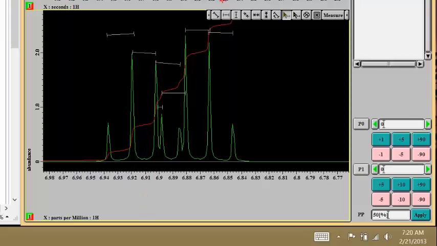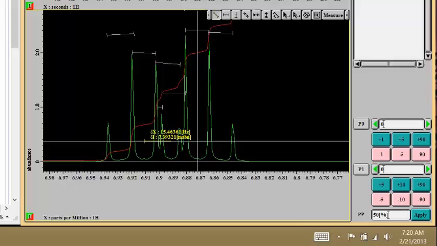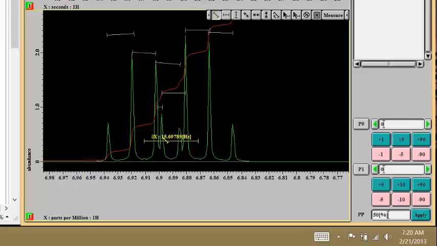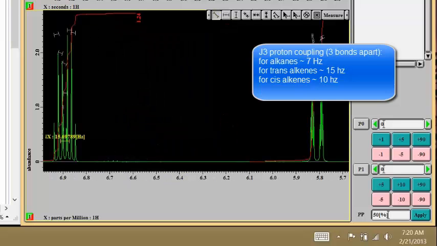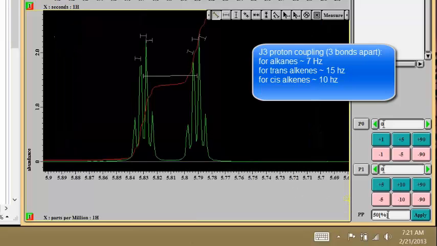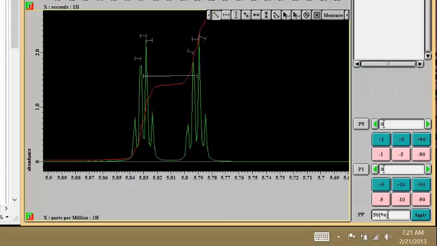Lastly, let's go ahead and measure the middle of this feature to the middle of this feature. And we get around 15 hertz. So that means that the distance between this CH group and its neighbor is likely the same as the distance between this CH group and its neighbor, because those splitting constants are the same.